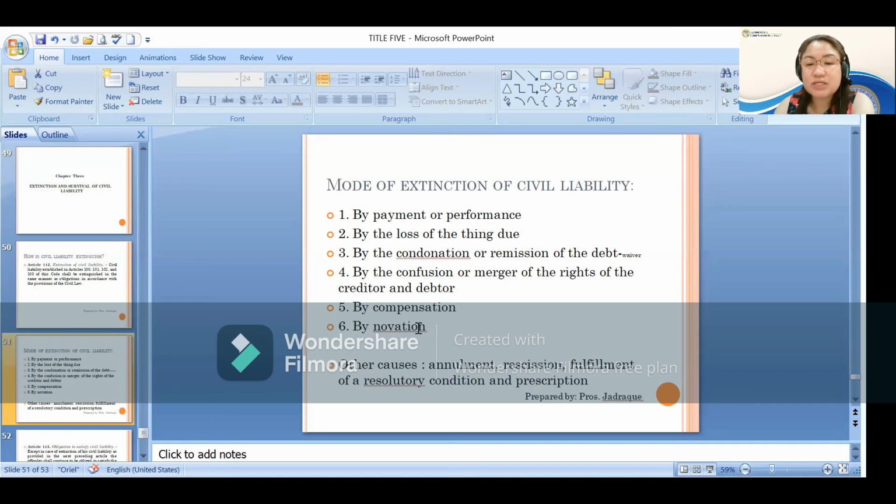Other causes are annulment or rescission of the contract, fulfillment of a resolutory condition, and prescription. In other words, if the crime has prescribed, then you cannot make him civilly liable either.